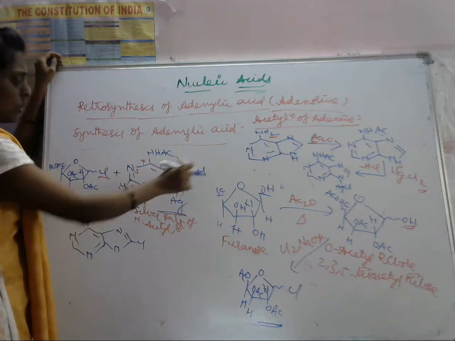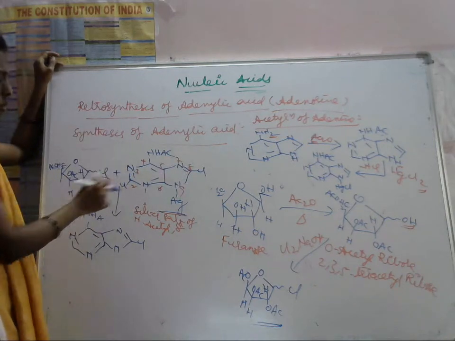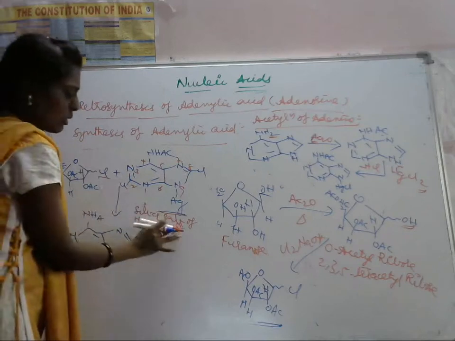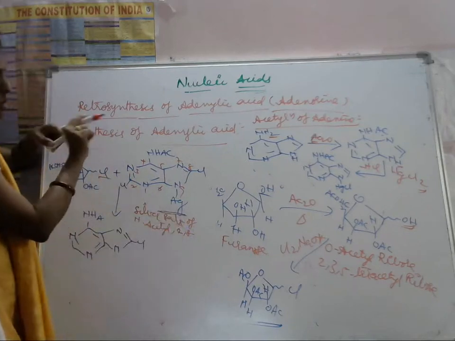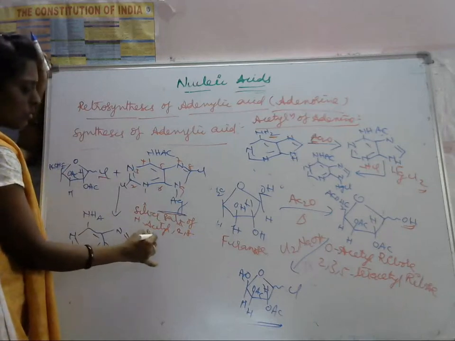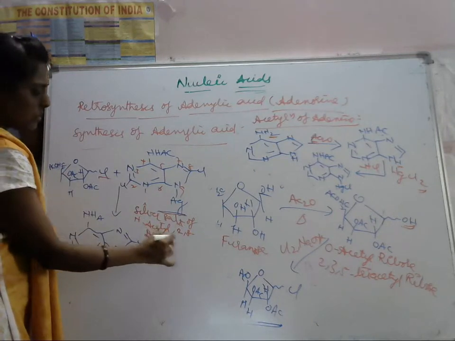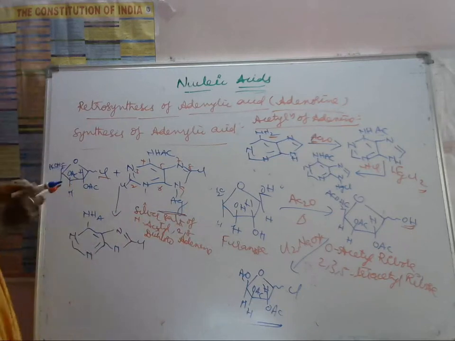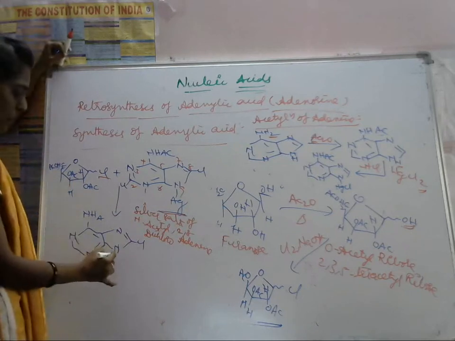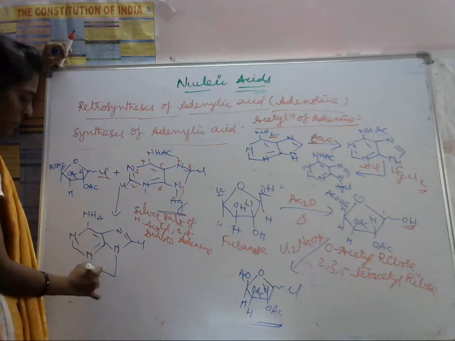So at the 8 position there are 2 chlorine atoms, so that's why it is 2,8-dichloroadenine. So it forms a bond with this one.